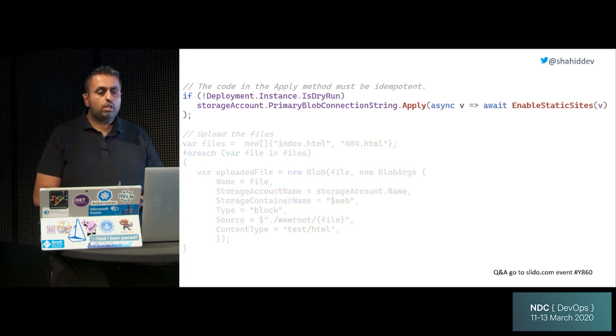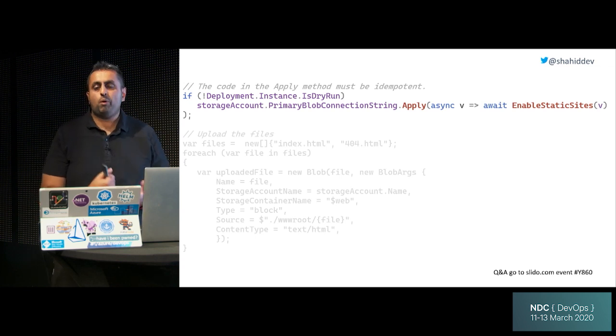What we're now doing is checking deployment.instance.isDryRun. That deployment object is coming from the Pulumi environment. It's a static instance, and it's telling me if I'm running Pulumi preview, which is a way of checking that your resources are going to be created as you expect, or if I'm actually invoking this for real.